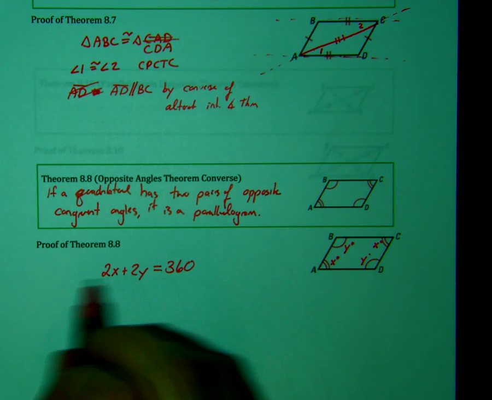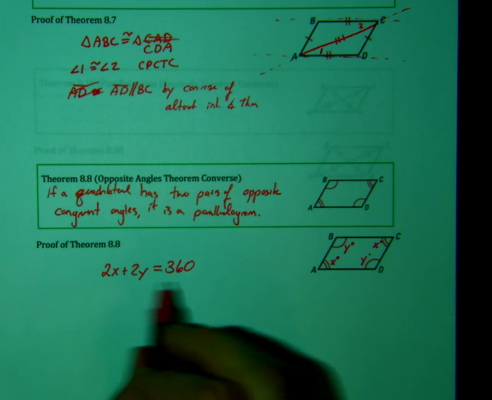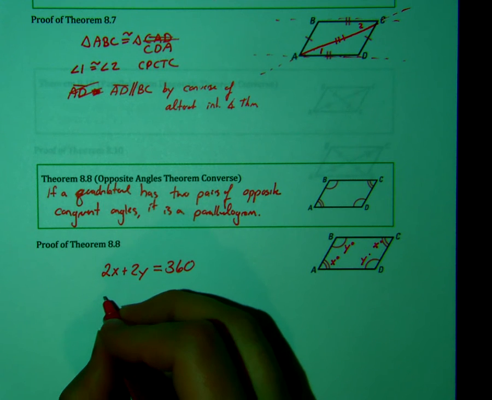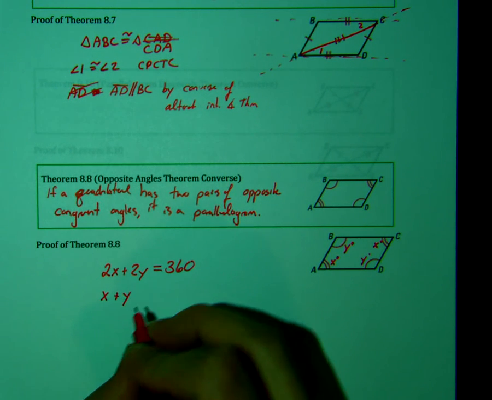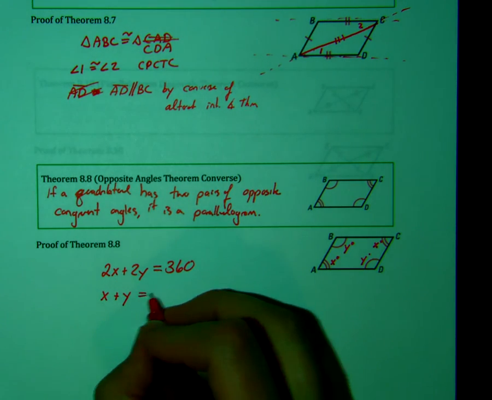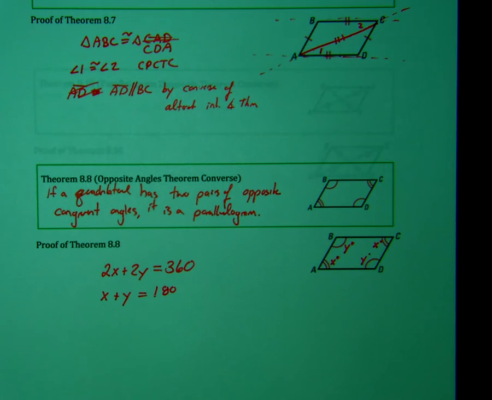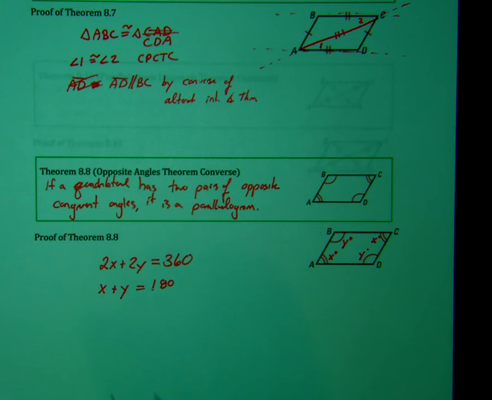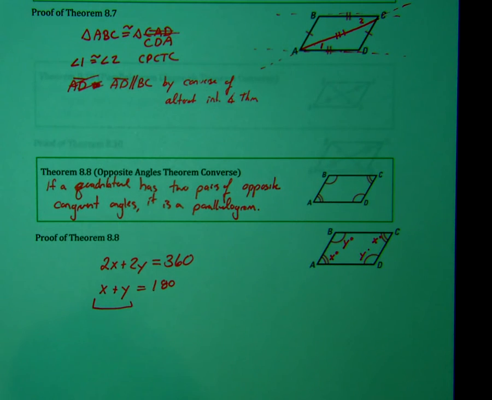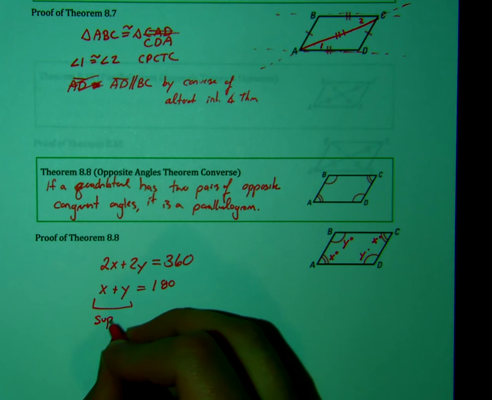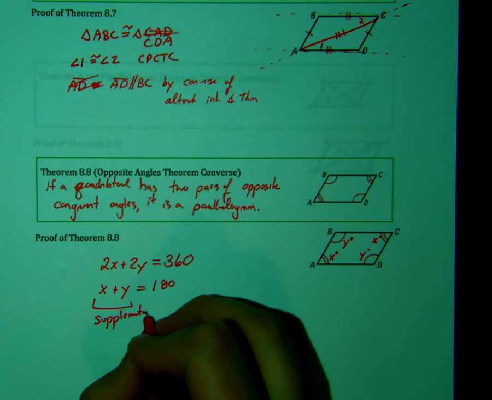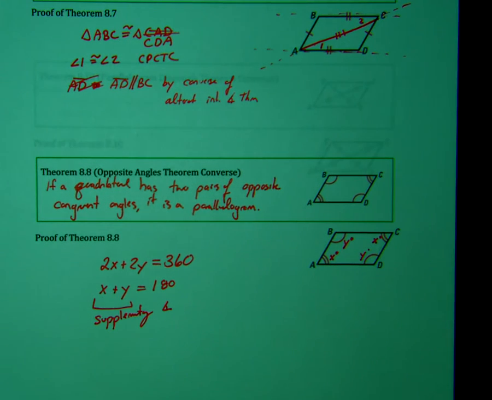And what we can do is we can actually kind of simplify this, or we can reduce everything by a factor of 2, and we can leave ourselves with the equation of x plus y equals 180. Okay? And we know that if that's the case, these two angle measurements, therefore, are supplements. Okay? These are going to be supplementary angles because they add up to 180 degrees.